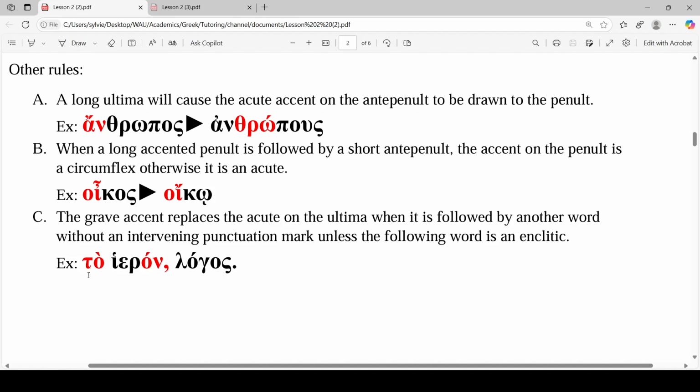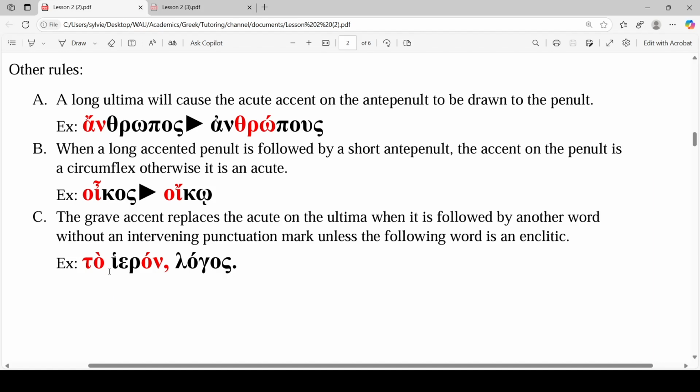Let's say here we have to heron. To normally bears an acute accent. So why do we have a grave accent here? Well, it's just because it has a following word. There is a following word after to, and there is no punctuation mark that separates them.